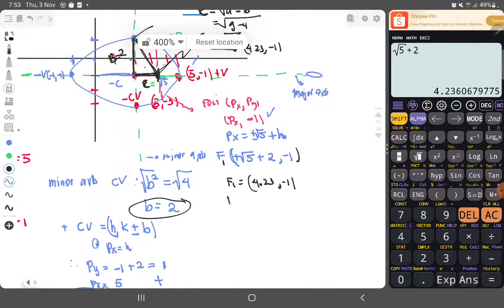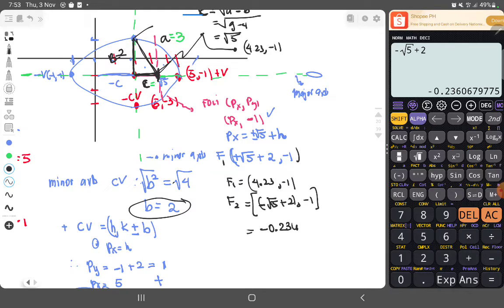My F2, or foci 2, is equal to negative square root of 5 plus 2, negative 1, which gives negative 0.236, negative 1.